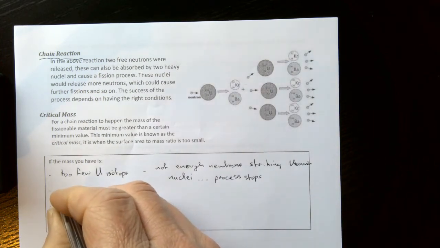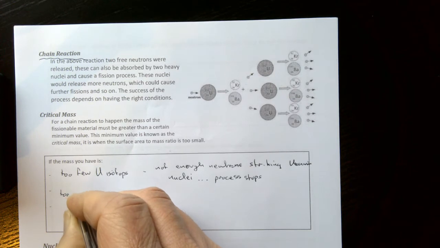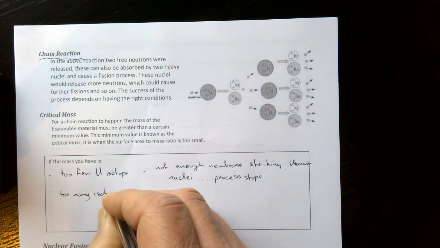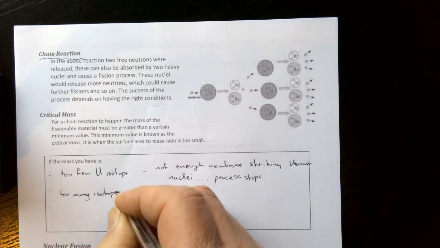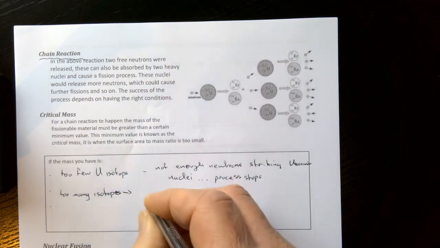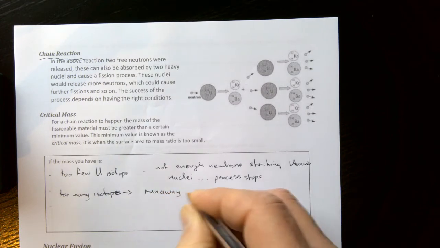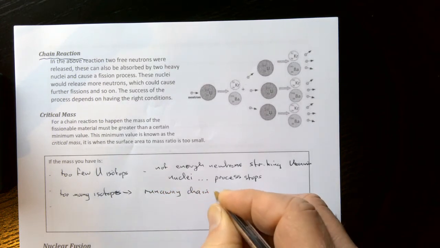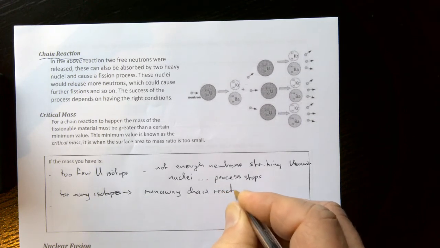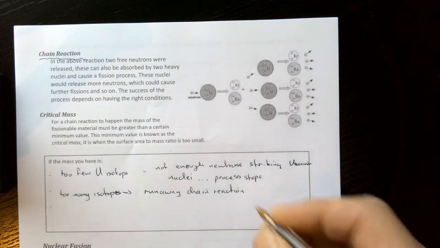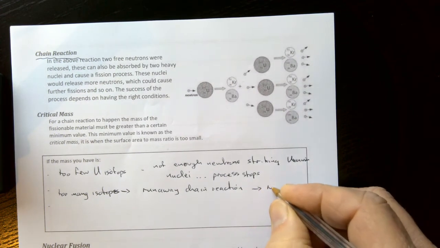If you have too many isotopes of uranium, I should say, then what you get is a runaway effect, an uncontrolled chain reaction, which just grows in number and number and number. Basically, you have a nuclear bomb.